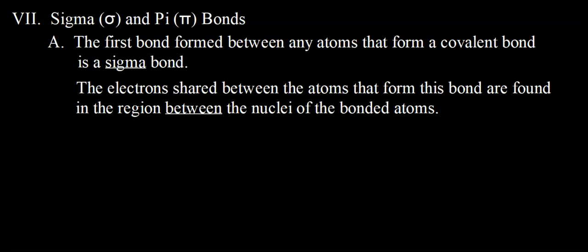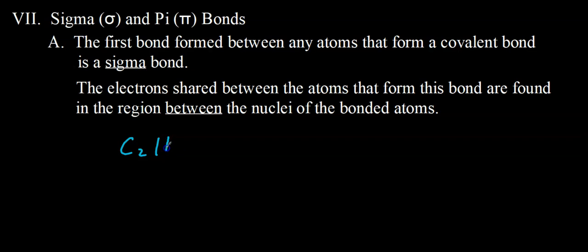It means that the electrons shared between the atoms that form this bond are found in the region between the nuclei of the bonded atoms. All right, so I'm going to show you an example of a molecule that has both sigma and pi bonds, and we'll be able to look at both of them.